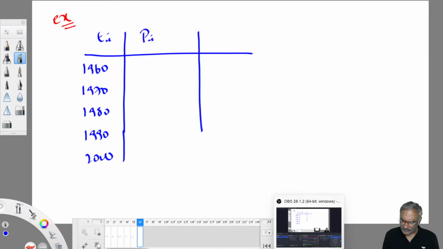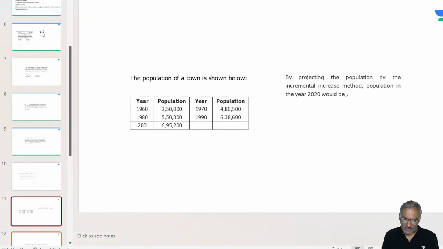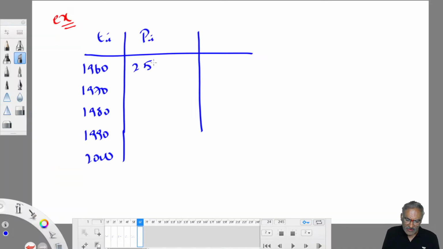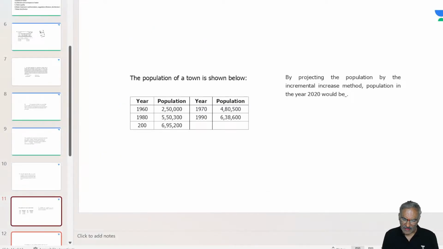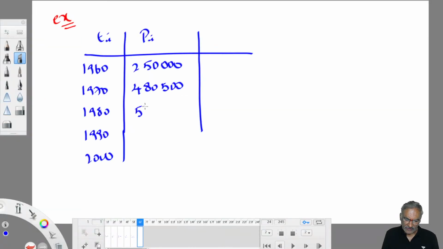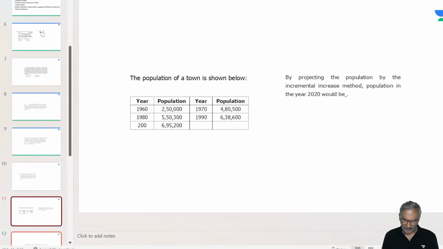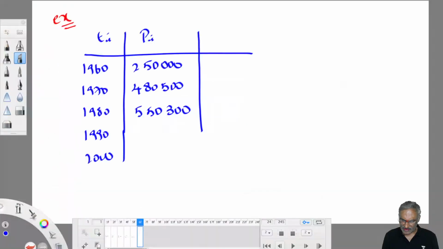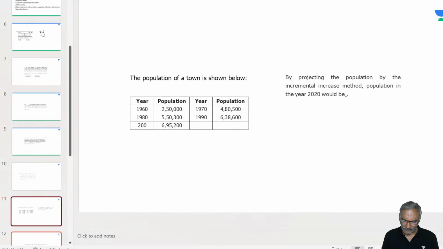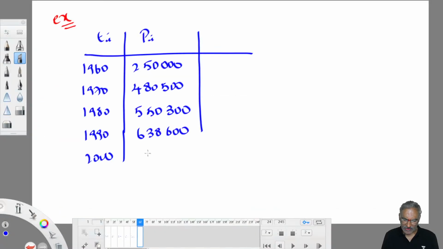The populations are 2,50,000, 4,80,500, 5,50,300, 6,38,600, and then 6,95,200. Keep calculators with you. It is better to practice with a virtual calculator.